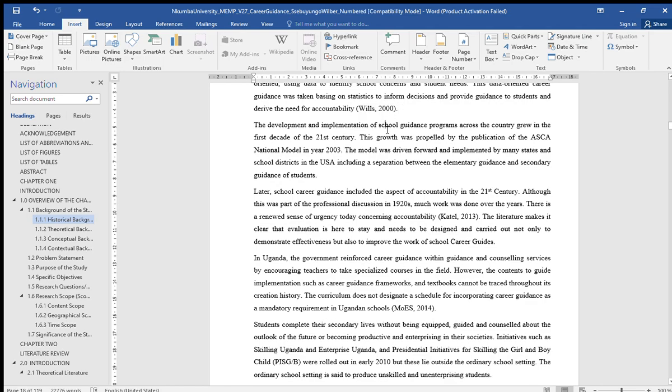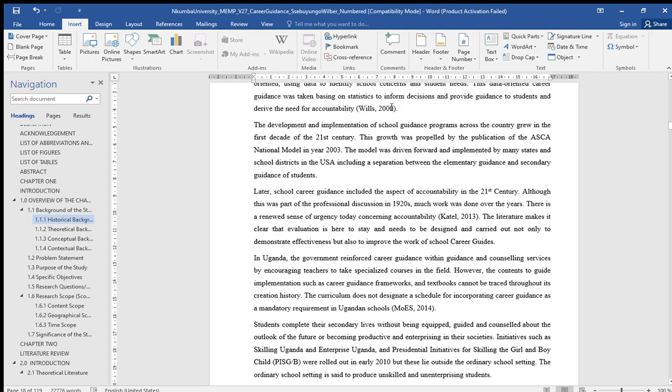In the APA style of citing authors in your text, you write the name of the author, comma, the year of publication of that article or that book.